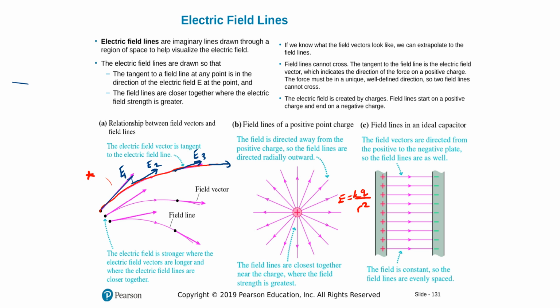How do they change? I look at the distance between the electric field lines. If I call this R1, R2 is larger, R3 is even larger. So the electric field decreases as we go along. So if I'm comparing the electric fields here, E1 is smaller than E2, smaller than E3.